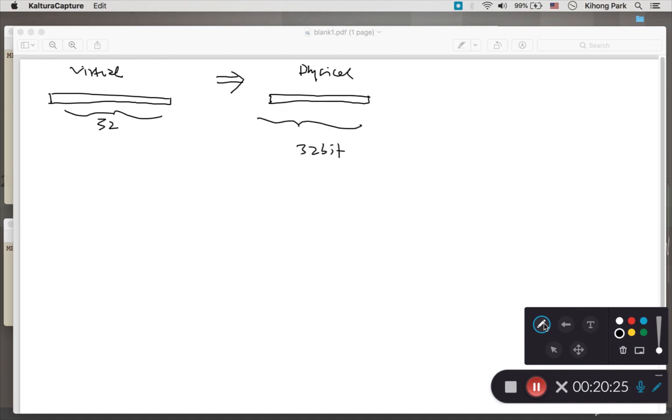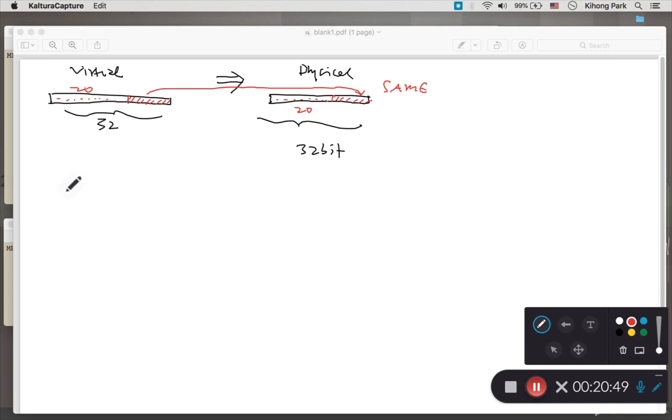But what we now know is these 12 bits don't change. They remain the same. It's these 20 bits that need to be translated.